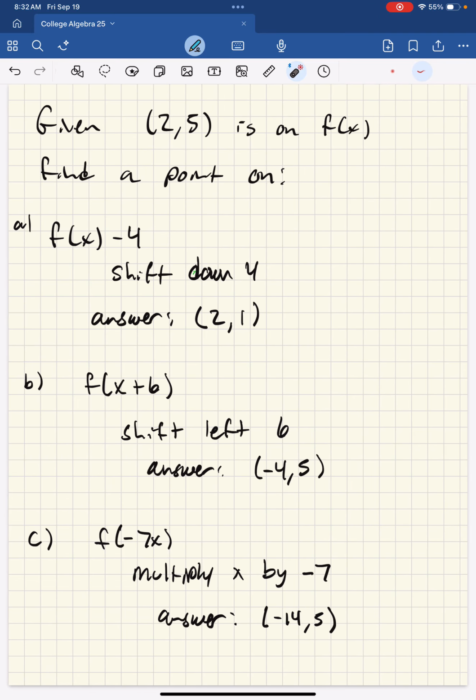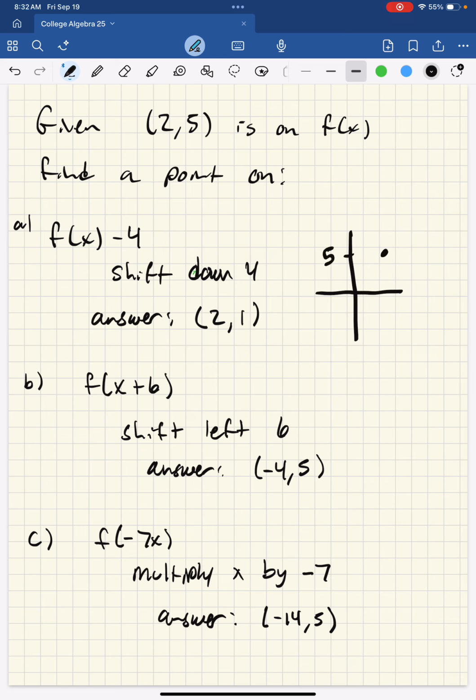Here's another way that we can assess the graph shifting properties. Let's say that we have (2, 5), and we know that that point is on the graph. Let me make this graph bigger.